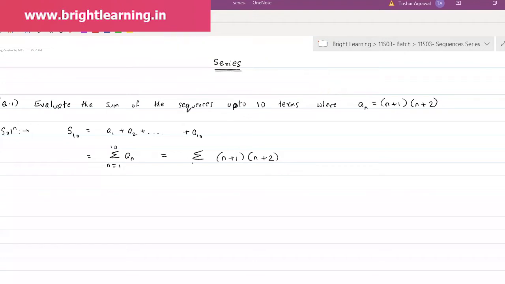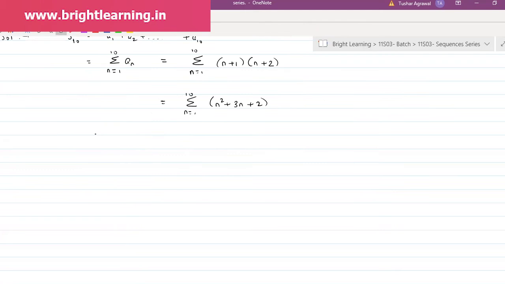(n plus 1)(n plus 2) where n varies from 1 to 10. So this will be equal to the summation of the complete expansion, n squared plus 3n plus 2, n equal to 1 to 10. Now this is equal to the summation of n squared, separate summation of 3n, separate summation of 2.